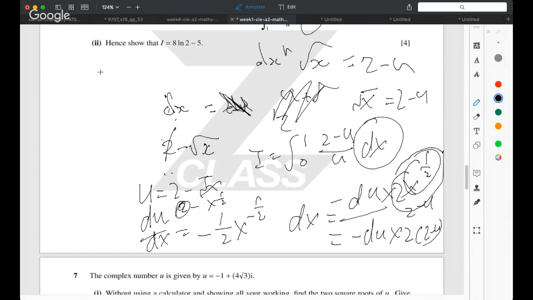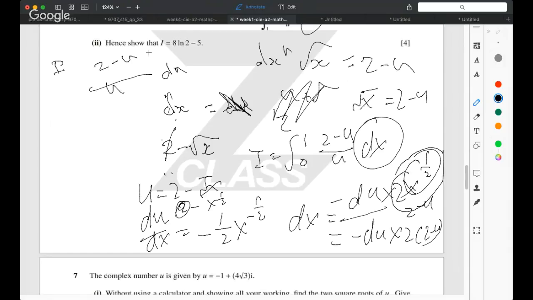Since we have that, the u is on the bottom, and the top is 2 minus u.